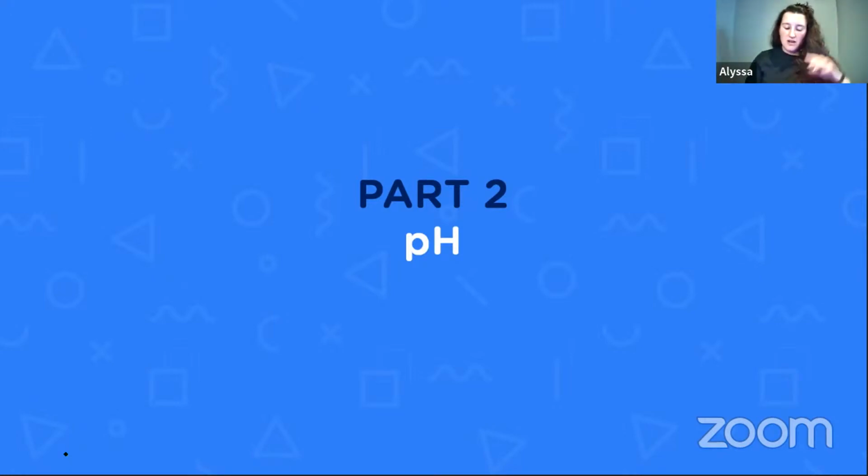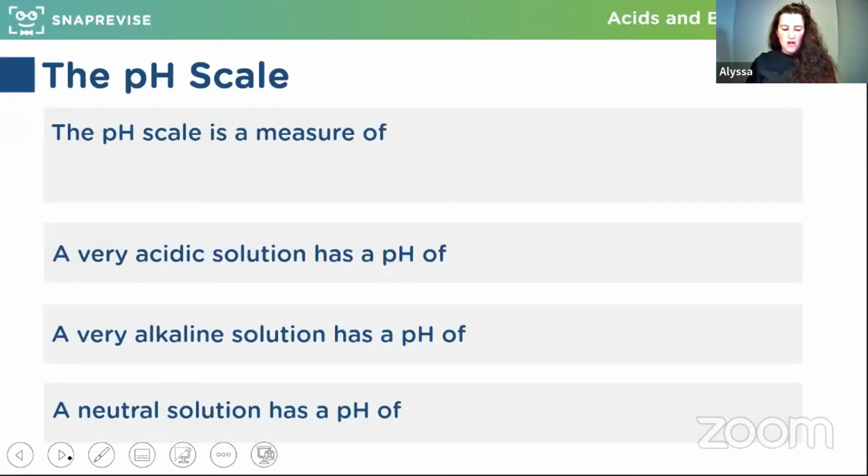So we're going to have a look at pH. What is pH and how does it relate to all this stuff that we've been looking at today? So what is pH a measure of? At GCSE, what do we think about pH being a measure of? What does the pH scale look at? What do we use it to work out?